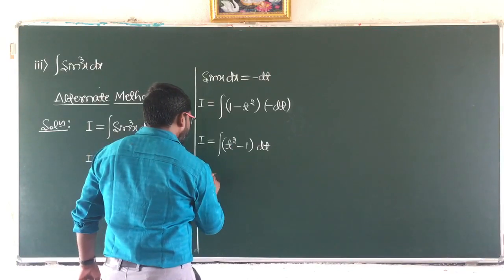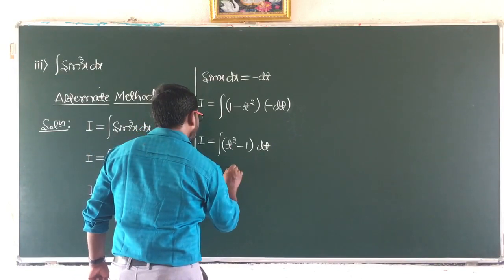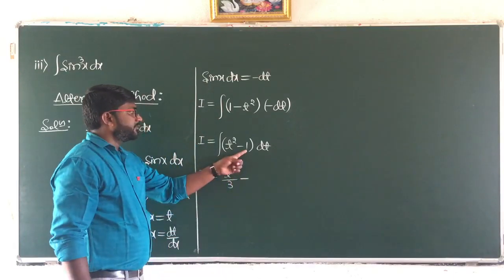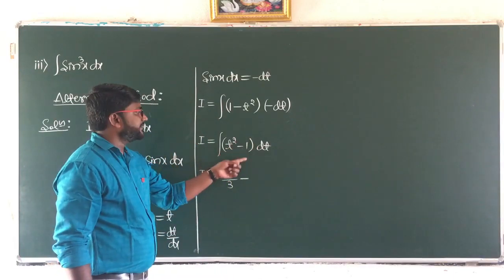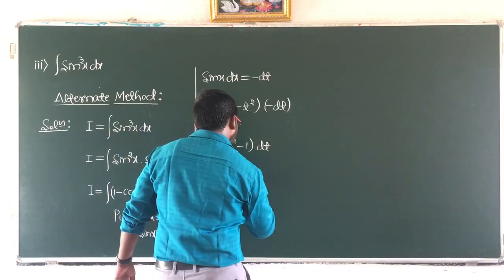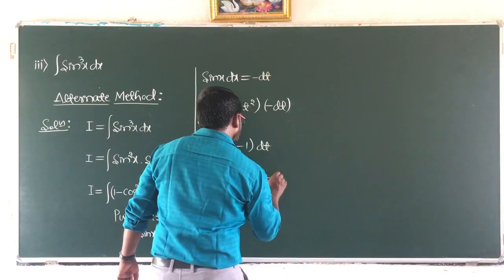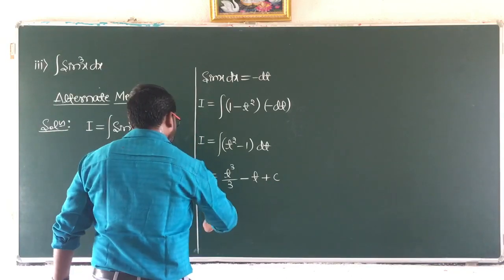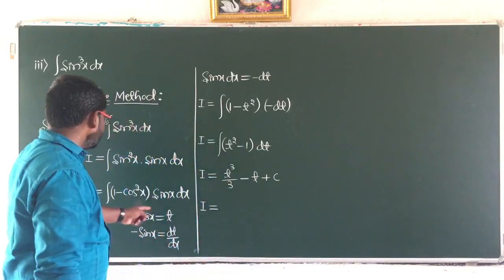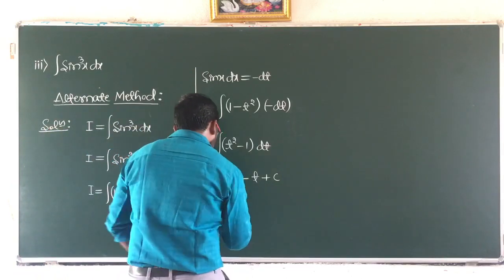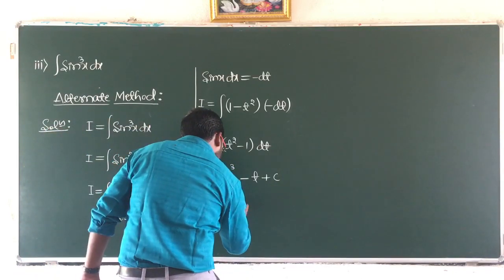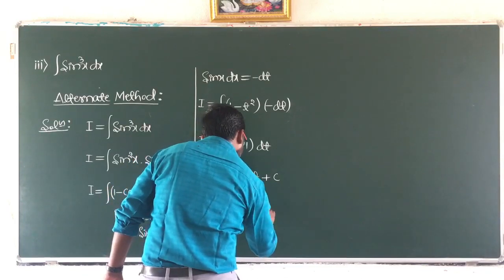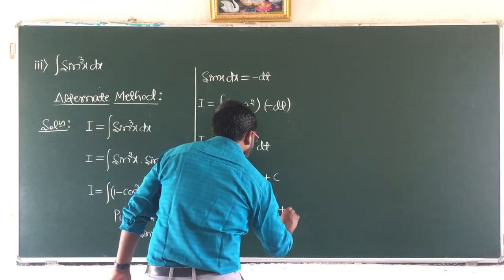So it is integration of t square will be t raised to 3 divided by 3 minus integration of 1 will be t, or integration of dt will be t plus c. So now I which is equals to, replace t now, or t it is cos x. So we get cos cube x divided by 3 minus cos x plus c.